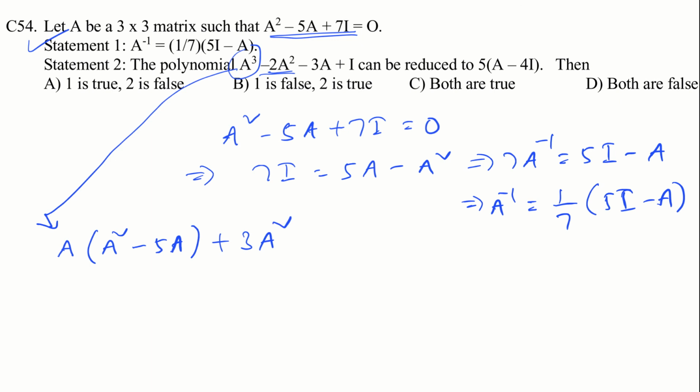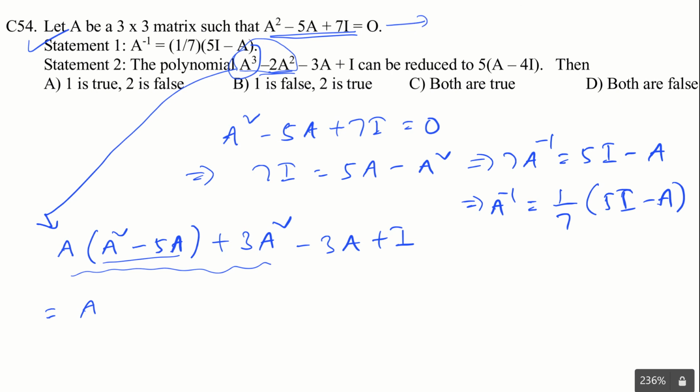Now you can see that if you simplify this part, whatever we wrote here, then this will match with this part. What else extra I have? Minus 3a plus i is there. Now again I can write it as a into, observe that a square minus 5a he gave, this is minus 7i. And here again I take 3 common, I'll write a square minus 5a.